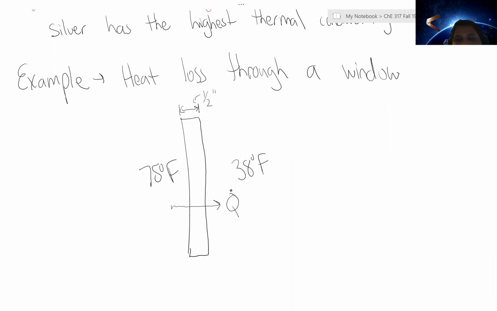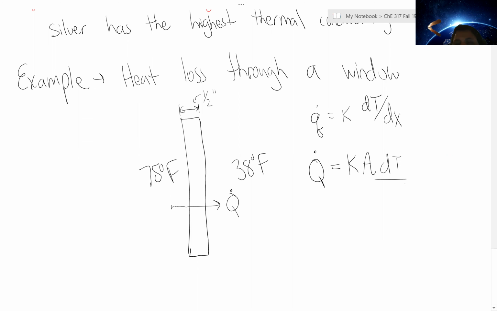And we stated that heat flux is related to thermal gradient that exists by our thermal conductivity. I could rearrange this and say my heat transfer rate is equal to K times my area of heat transfer times my gradient.